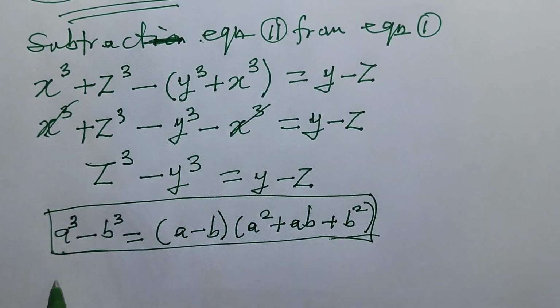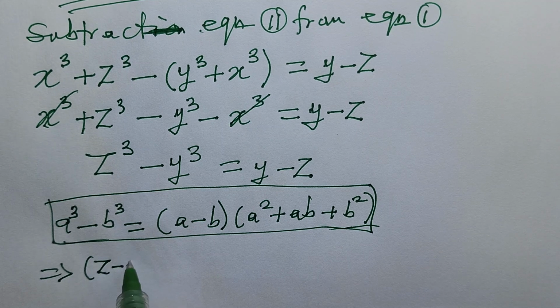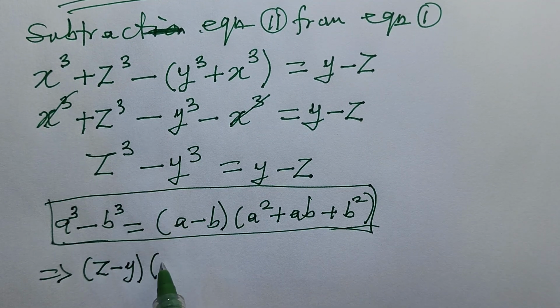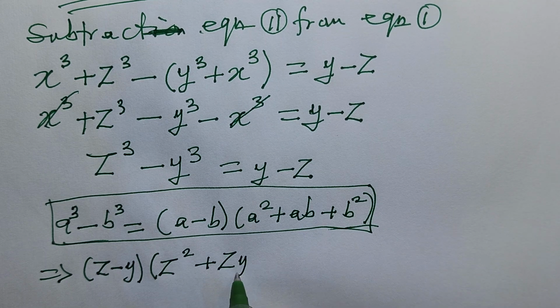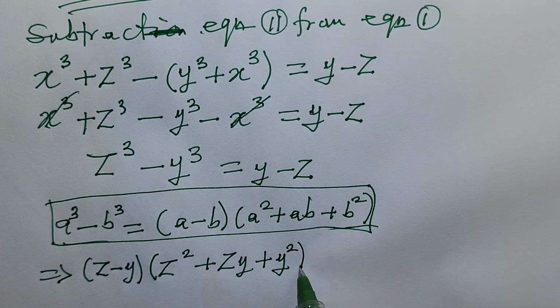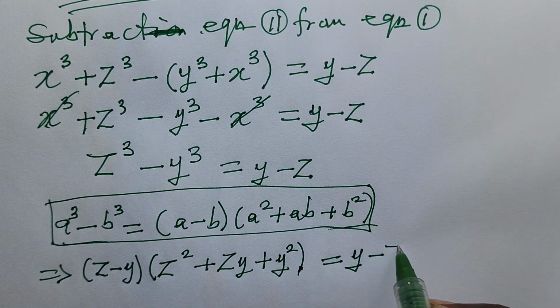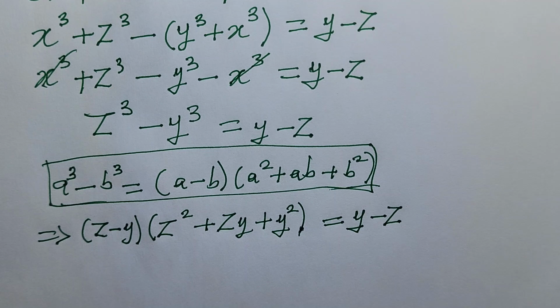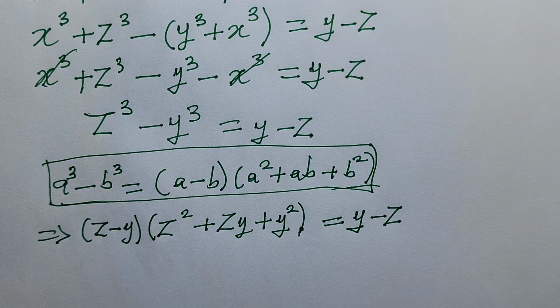So this is going to give us bracket z minus y, times bracket z to the power of 2 plus zy plus y squared, and everything will now be equal to y minus z. Easy. Now, we want to move everything on this side to this side of the equation.